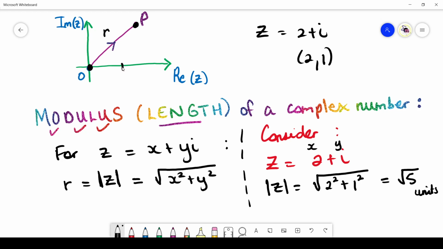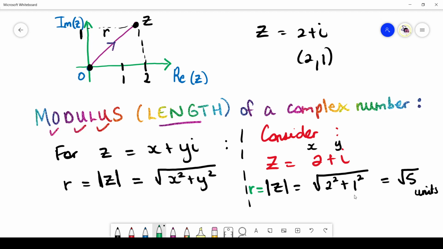So this is 1, this is 2, and this would represent our z. And if you wanted to find out the length or radius of that complex number, it's just going to be equal to the square root of its real part squared plus the imaginary part squared. And the answer is simply square root of 5.